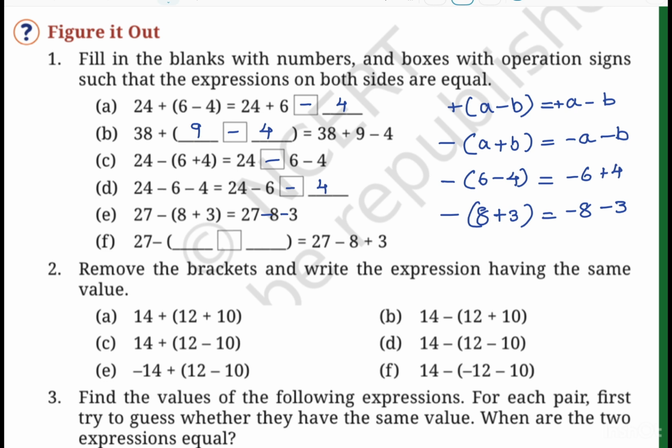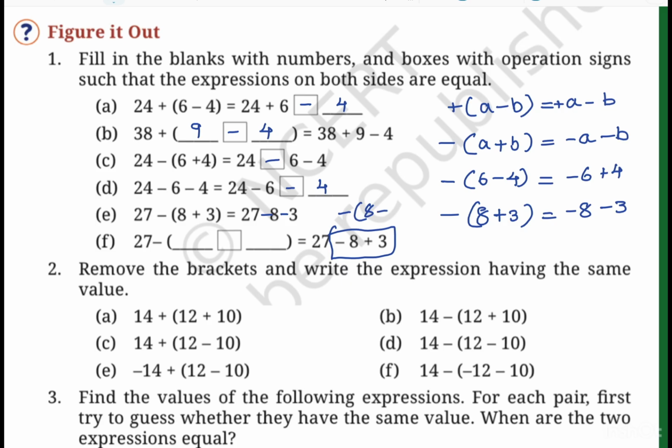Next question, 27 minus in bracket, the answer is 27 minus 8 plus 3. So when we open the bracket, the answer is got minus 8 plus 3. That is the sign of the terms. First term is minus 8. So we can say that minus 8.